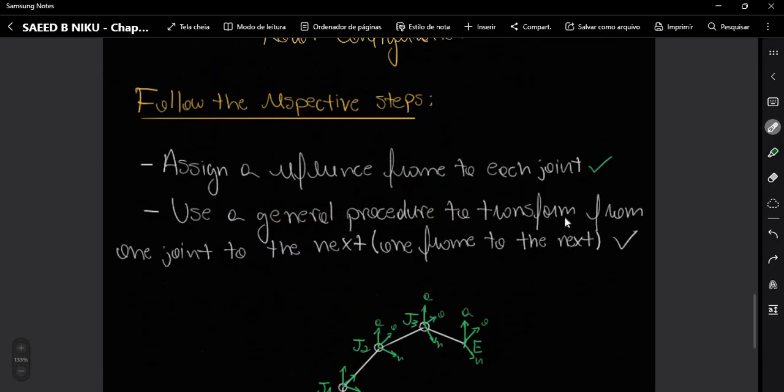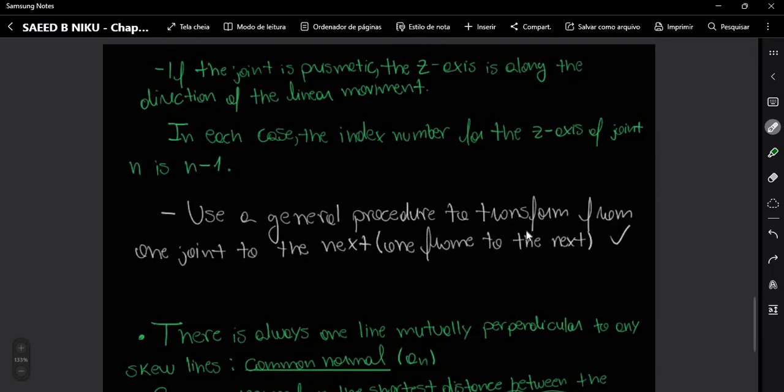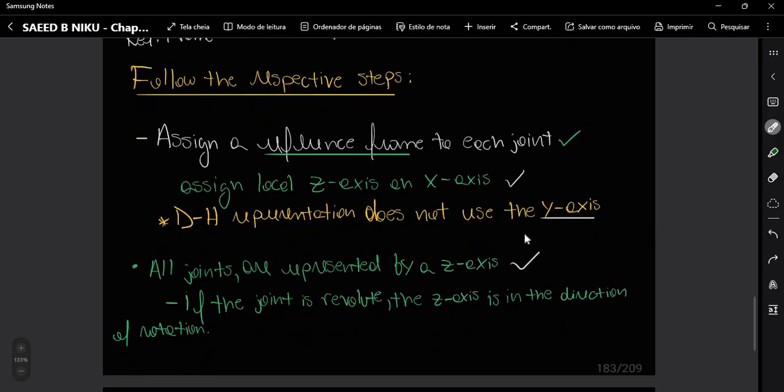Yes, we use a sequence of steps. So again, the first step is to assign a reference frame to each joint, so assign these axes on each joint. And again, we just assign the x-axis and the z-axis. DH does not use the y-axis.